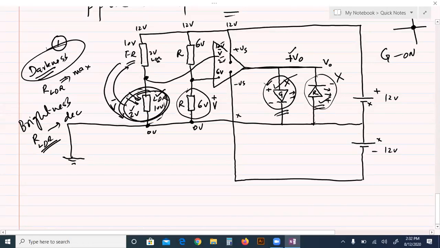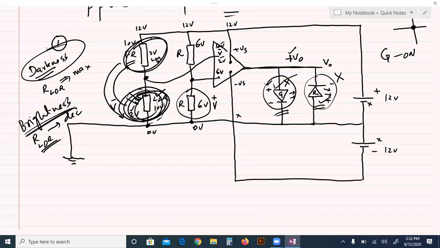And similarly, when the thermistor is here and the fixed resistor here, they are exchanged with each other. Then for the high temperature, red will go on, and for the low temperature, green will go on. So this circuit for LDR is called light intensity comparator.